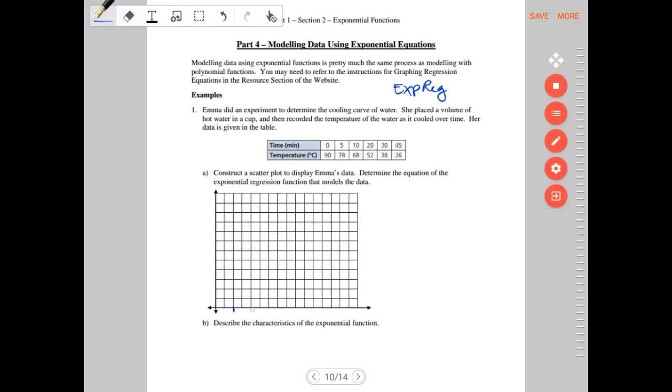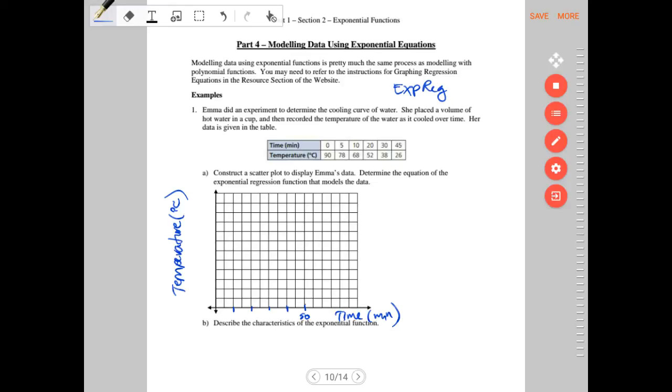So that would be 10, 20, 30, 40, and 50. Sorry, I didn't leave you a lot of space there. Okay, and this is going to be time in minutes, which means the temperature goes on the y-axis in degrees Celsius.